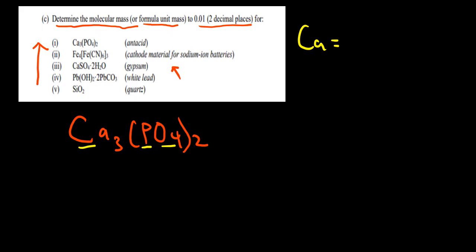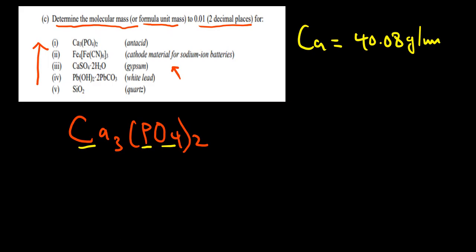The first one is Ca3(PO4)2. Let's write down the atomic masses for the calcium, the phosphorus, and the oxygen. For the calcium, if we round off its atomic mass to 2 decimal places, we get 40.08 grams per mole.